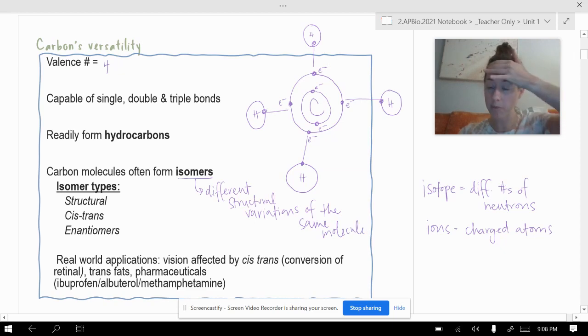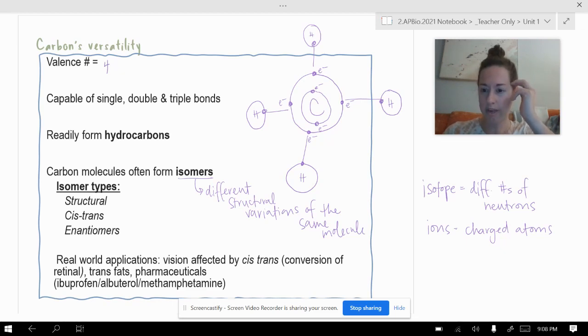So this is going to be really important for us. It's going to be kind of a common theme that the shape of things really impacts their functions, especially when we get to proteins. There's three types of isomers that are important to us.